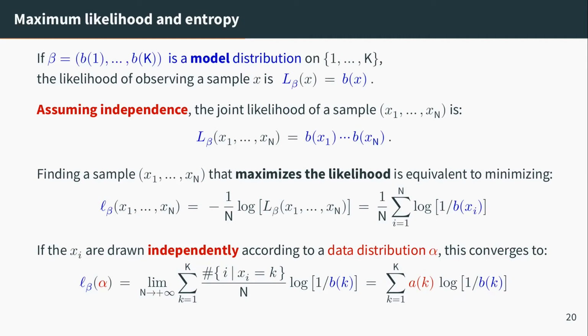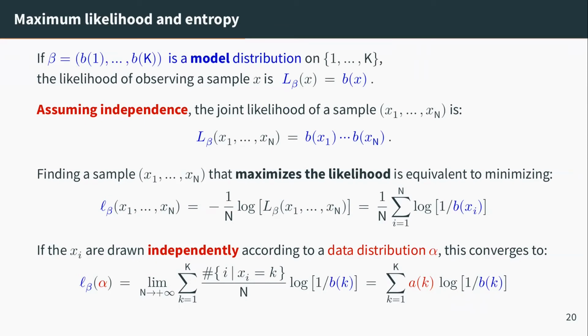So let me consider a simple setting where I have a model distribution on a finite set of labels, 1, 2, 3, 4, 5, up to K. So my model distribution is just a vector of size K, b1, b2, b3, up to bK.